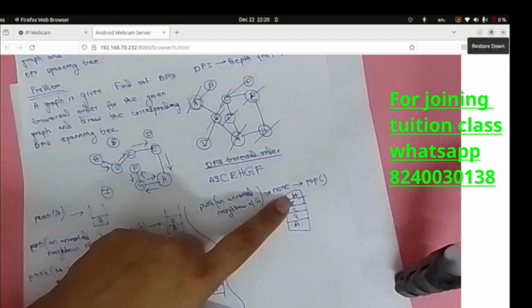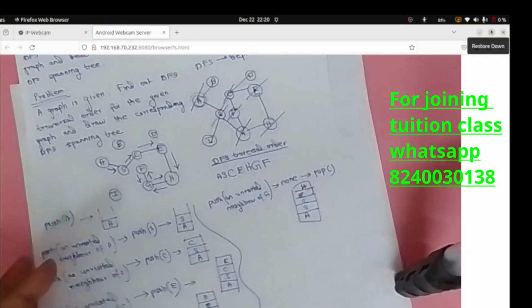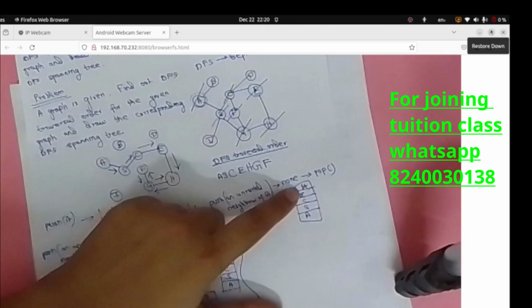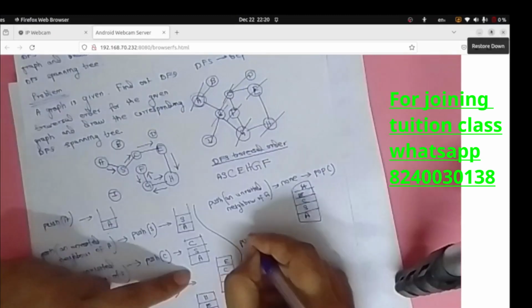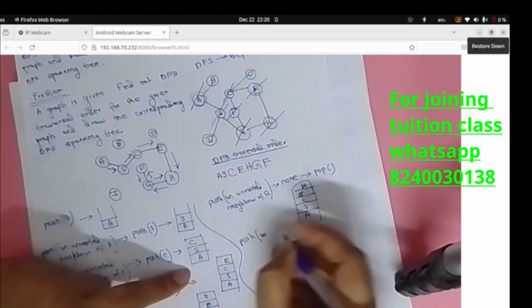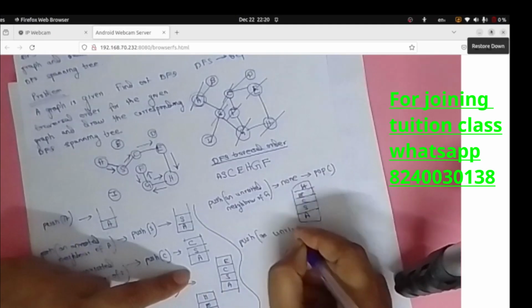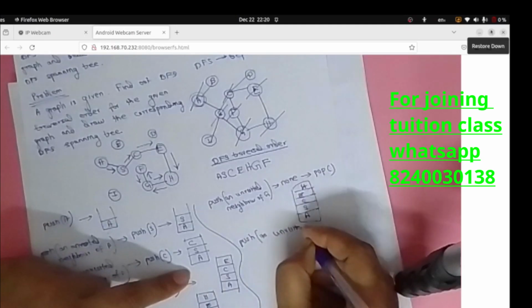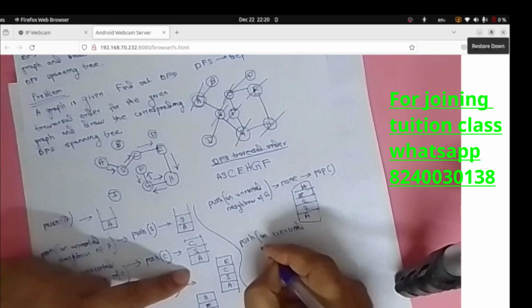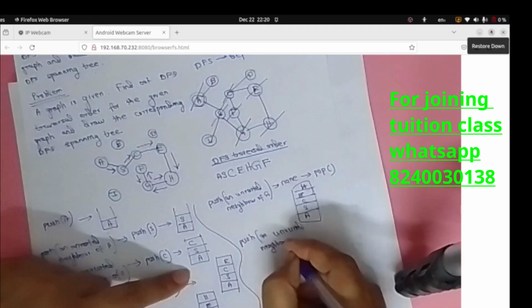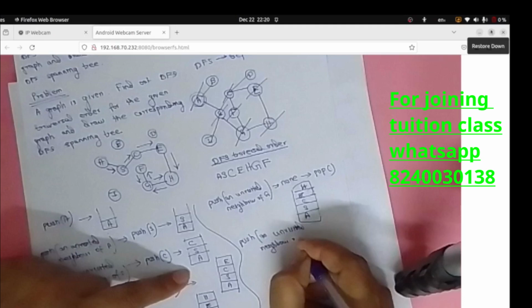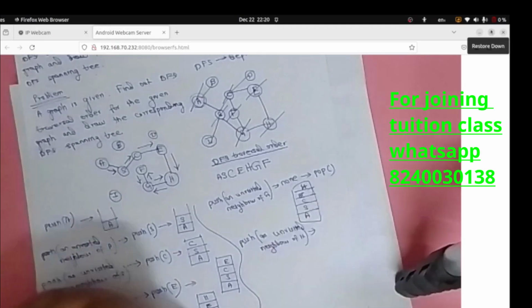Now the stack's topmost element is H. So we will do the push operation related to the current topmost element of the stack, that is H. So what we will do, we will push an unvisited neighbor of H. So now we have to see the graph.